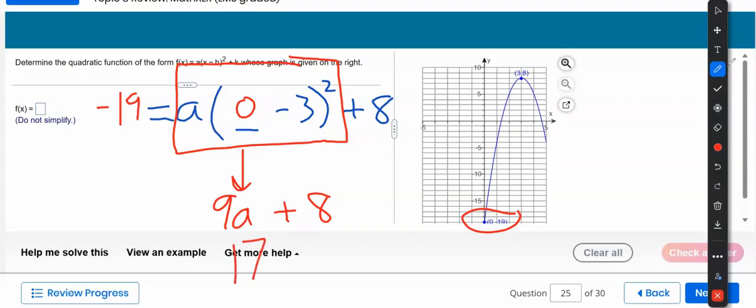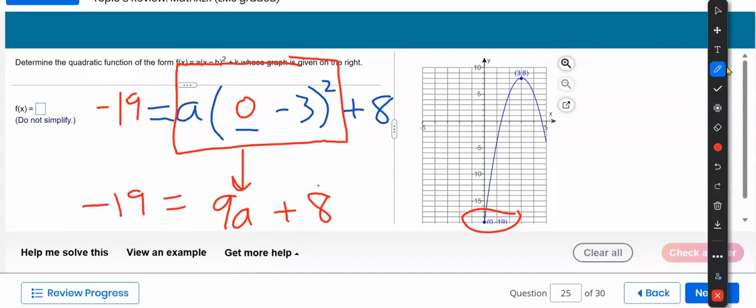I get kids that do this. Tell me what this person did wrong. How did they get 17 A's? They added the 9 and the 8 together. So I put that red box around that so that you know that those two things don't get added together.